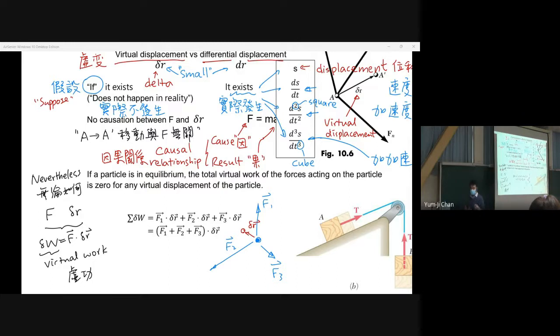So what do we know if the particle is in equilibrium? What do we know about these three adding together if it is in equilibrium? Summation F equals 0.